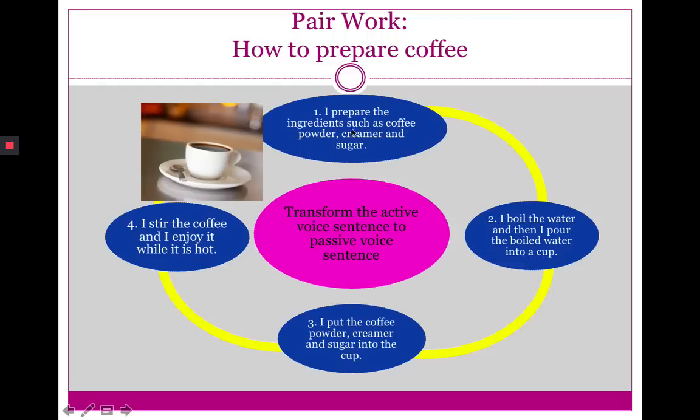The ingredients such as coffee powder, creamer, and sugar are prepared. So that will be number 1. Okay, are prepared with D. Okay, so try and do number 2, number 3, and number 4. Number 1 as well, I think I will leave in the Google form for you to write it back.